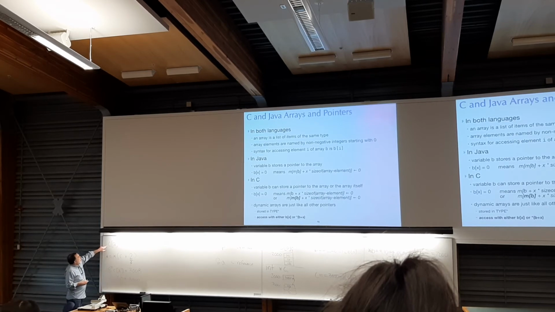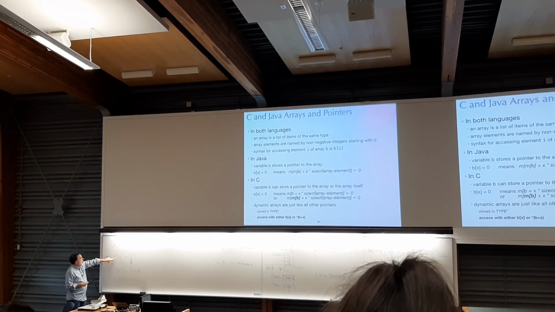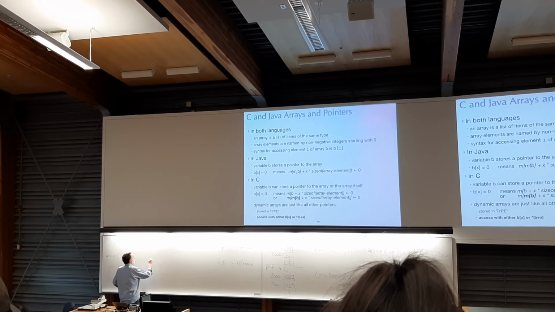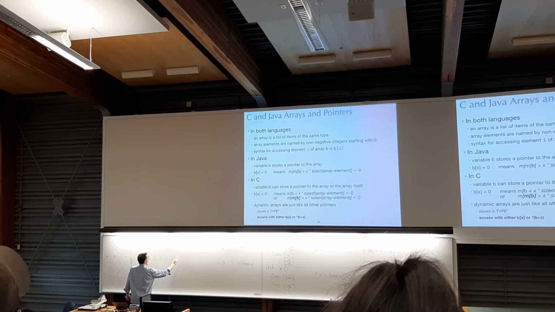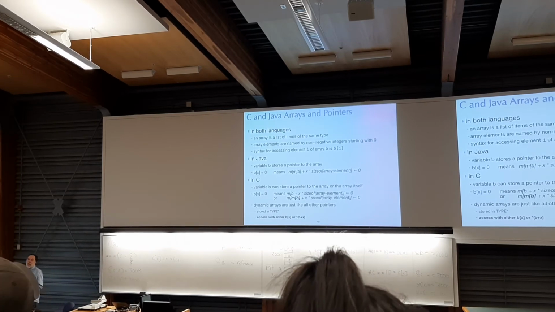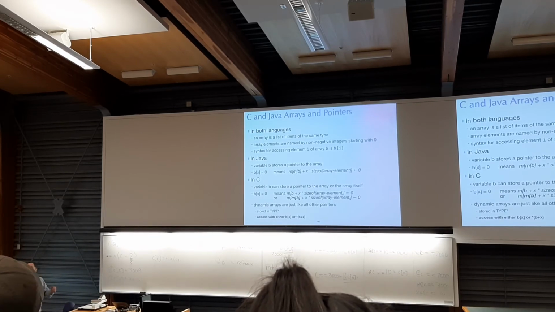So if I say C bracket 2, the idea here is to say star C plus 2. So in general, for any array, C sub I, that's going to be equal to star C plus I. Just add an index. And you just kind of remember that. It's a little bit weird, but.